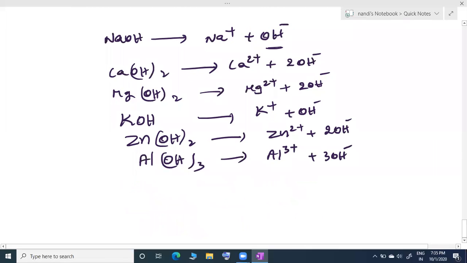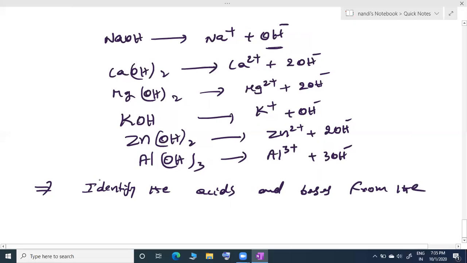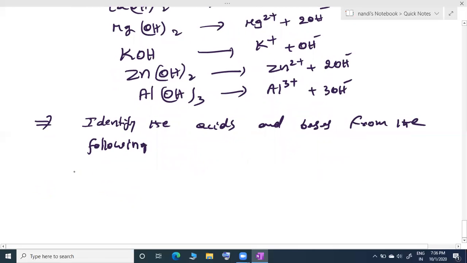Now you can write: identify the acids and bases from the following. I'm giving space, you can write that.